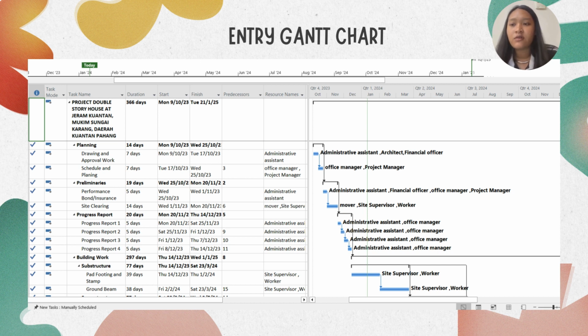Building work consists of structure work and superstructure work, architectural, and painting. After that is M&E, which consists of electrical works and plumbing works. Then is landscaping, and lastly is testing and commissioning, then the project finishes.